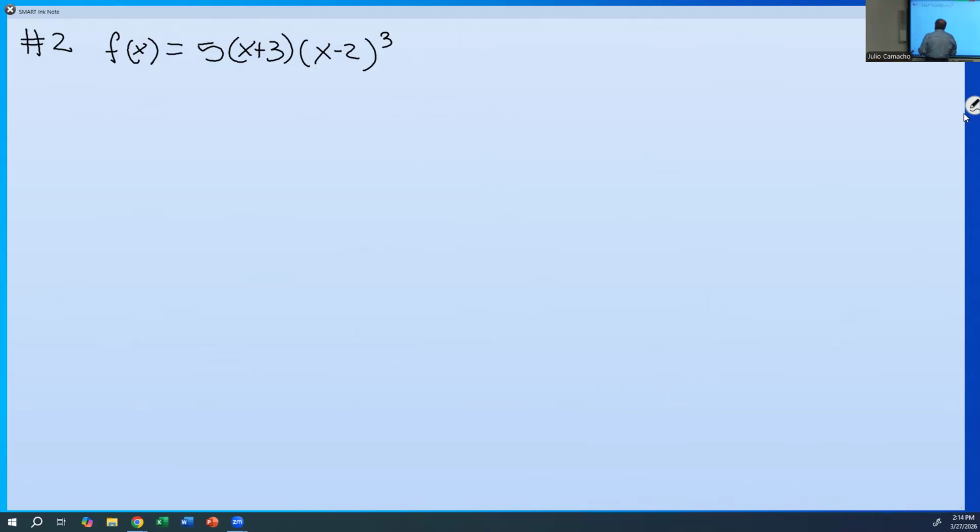So again, the first thing that we need to do when we do this kind of equation is determine the behavior of this function. But before we determine the behavior of the function, we need to find out what the degree of the function is. Because you know that the factor x minus 2 has a degree 3. And the factor x plus 3 doesn't show any degree, and we said that when they don't give you any degree, you can assume that the degree is 1.